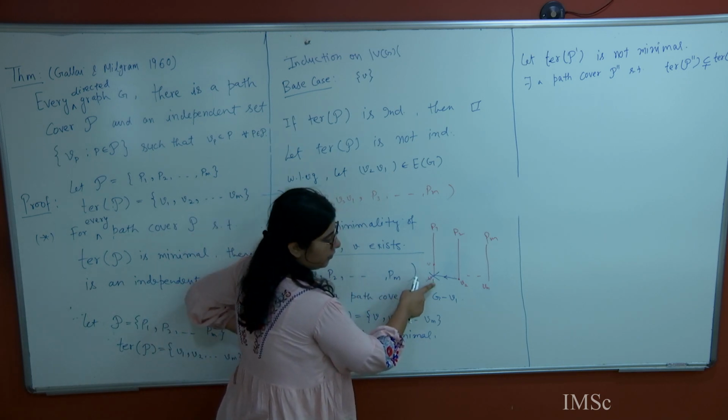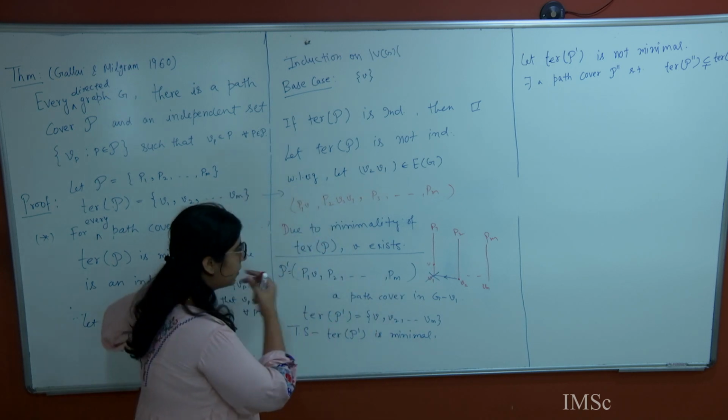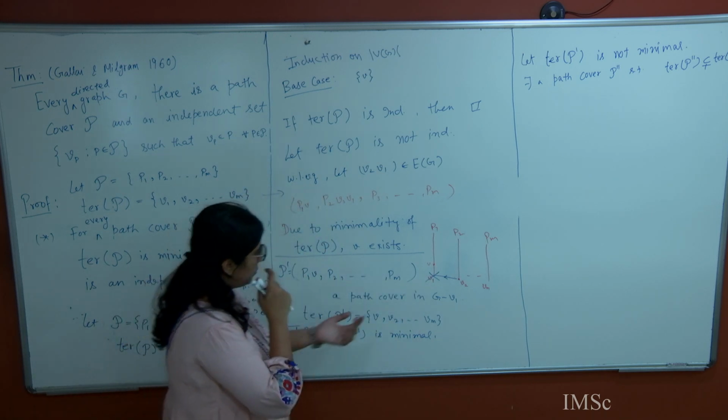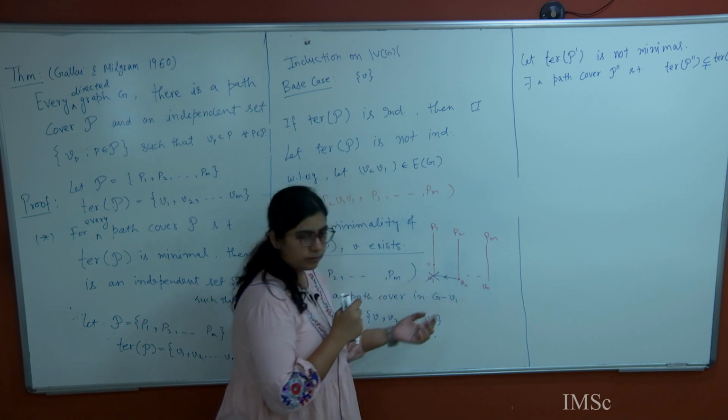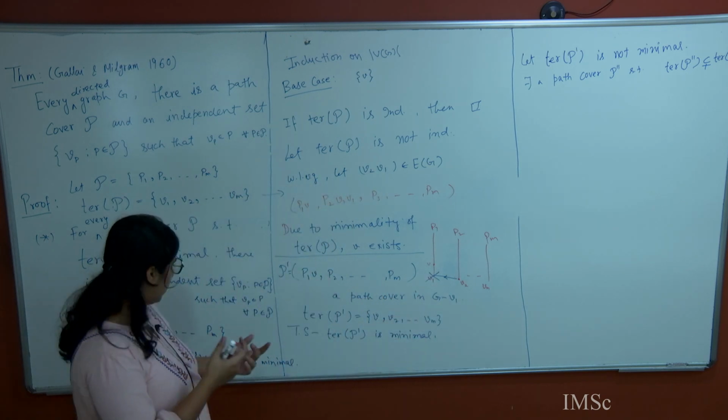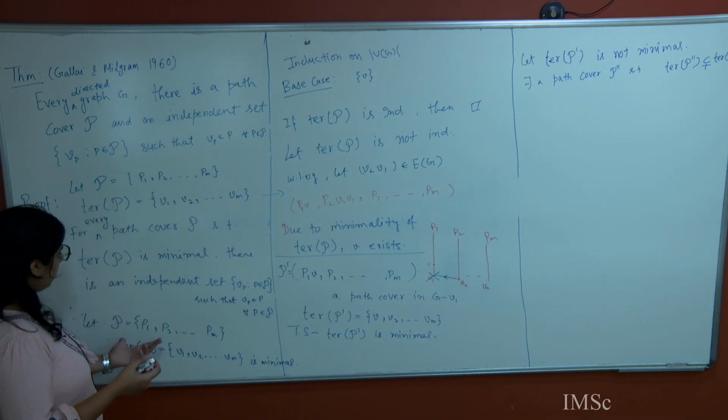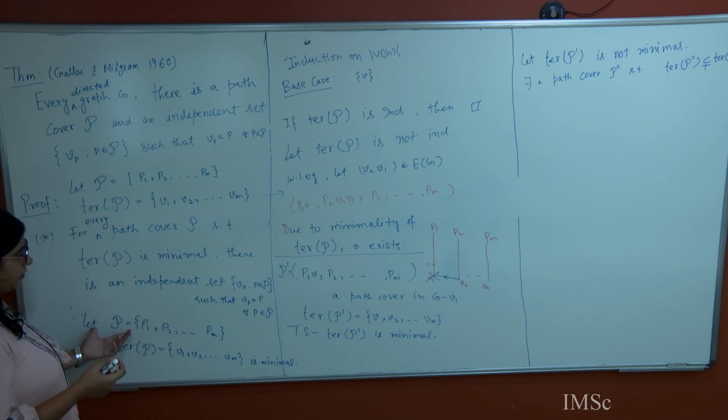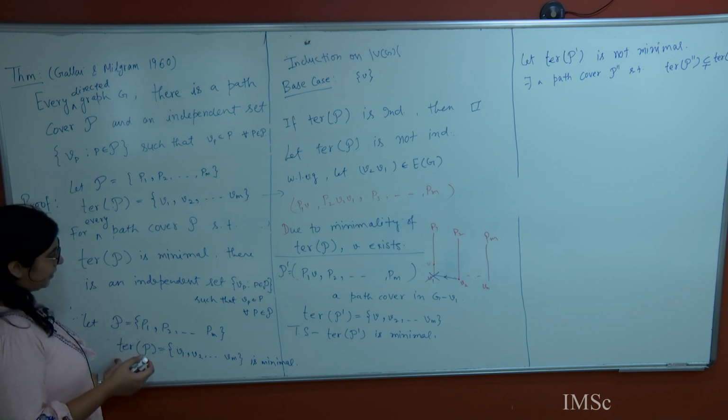Note that we don't have V1 here, but in G we have V1. So maybe we can look for V and V2, and in order to get a contradiction, we can come up here to P and say that ter P is not minimal.